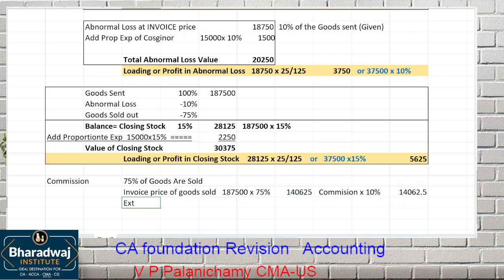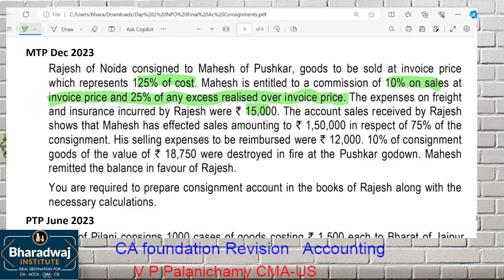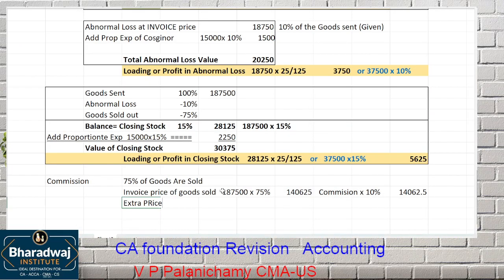What is the extra price? Look at the actual selling price. 75% of the goods are sold for how much? We have sold for 1,50,000. 1,50,000 minus 1,40,625 is the extra price. For the additional price over the invoice price, how much percentage commission? 20% or 25%? 25% commission.